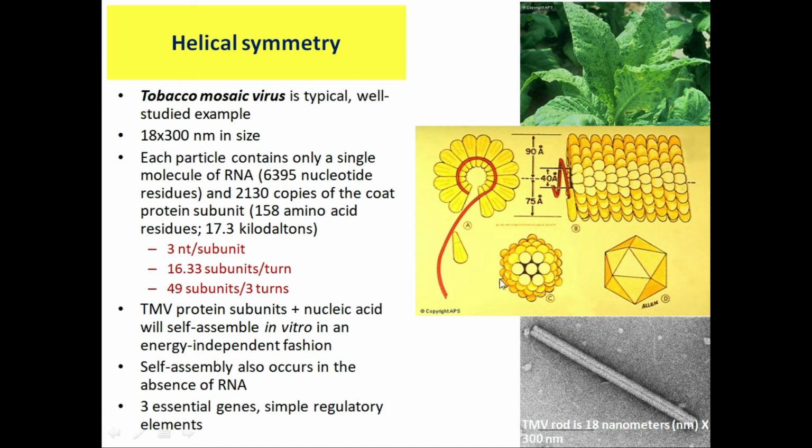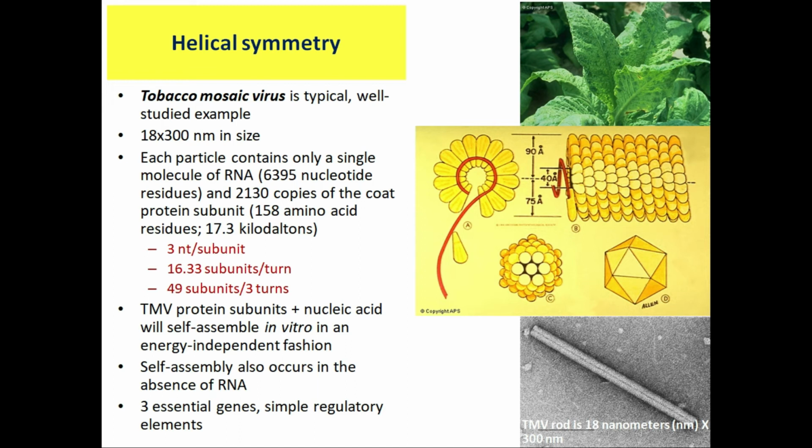That means if these protein subunits and the RNA molecules are separated and then they are kept together in vitro, then they will self assemble. So protein molecules will surround the nucleic acid molecule and a mature full virus particle will be formed in energy independent fashion.